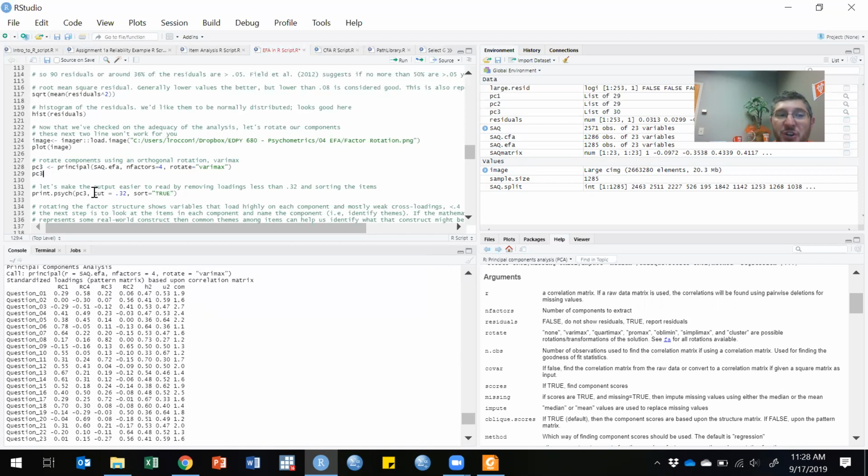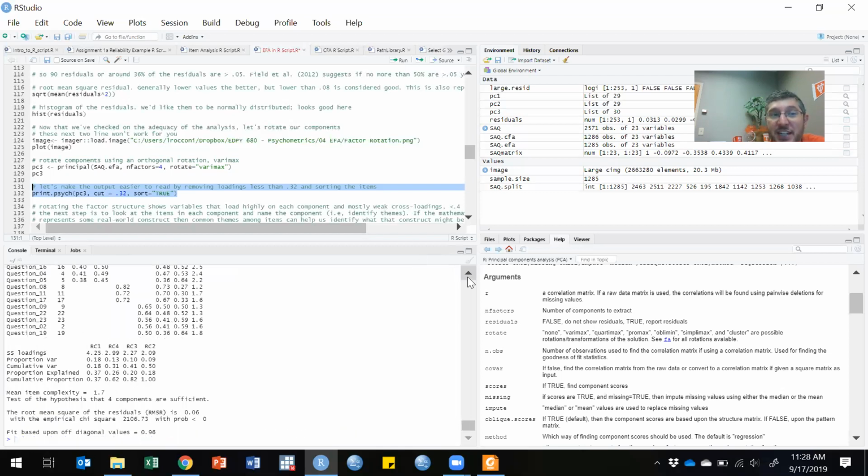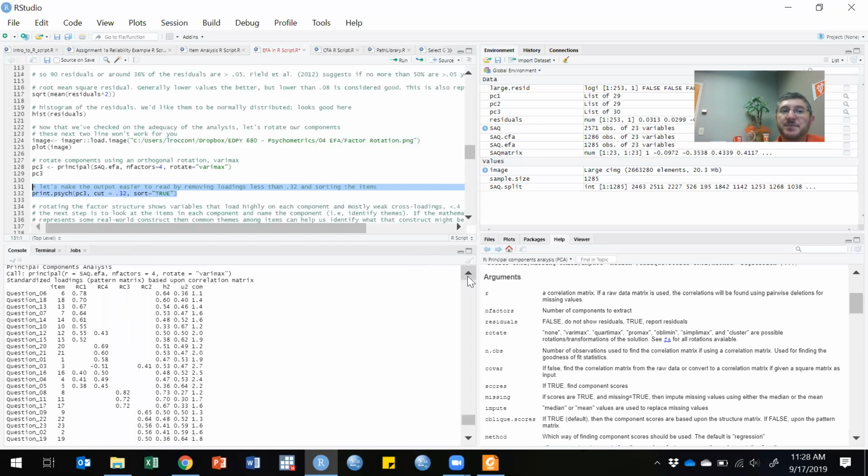So it disregards a lot of these small loadings. You can see here that questions 1 and 2 don't load very strongly on component 1. We also wanted to sort the loadings, so the variable that loads the highest on that component is at the top. It just makes the output easier to read. Nothing else changed in the output except that.